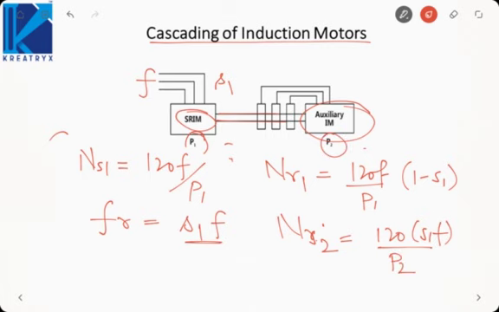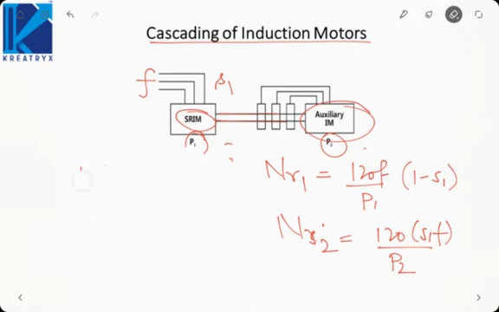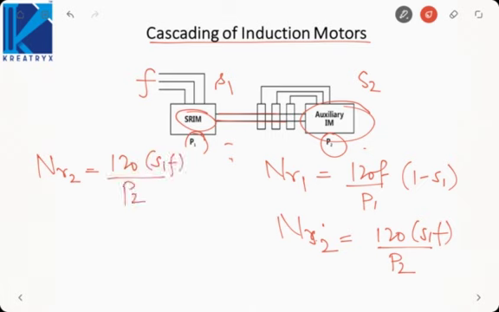For machine 2, the supply has a frequency S1F since it is being supplied through the slip rings. If we consider the slip of this machine to be S2, then NR2 will be 120 into S1F by P2 into (1 minus S2), that is NS into (1 minus S).